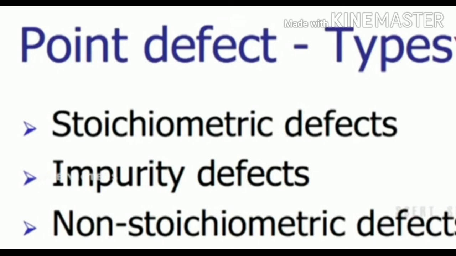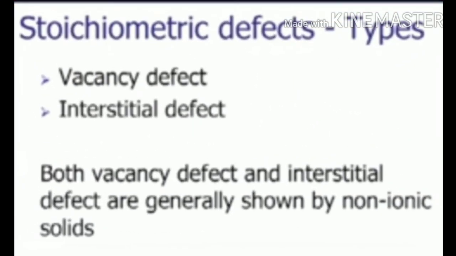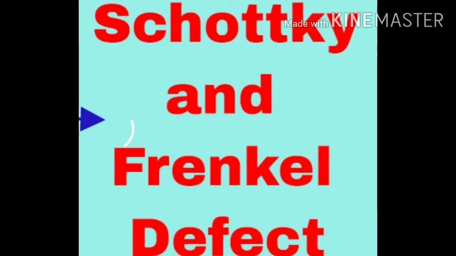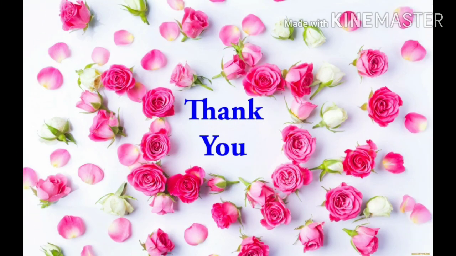Then stoichiometric defects are of how many types? Yes, two types in non-ionic solids, that is vacancy defects and interstitial defects. But in the case of ionic crystals, stoichiometric defects are of two types. What are they? Yes, they are Schottky defects and Frenkel defects. So today's class is over. Thank you.